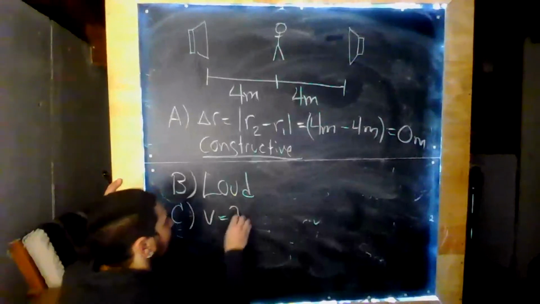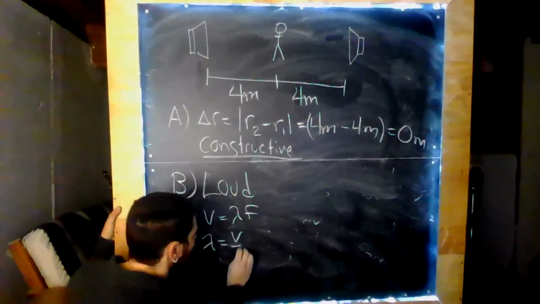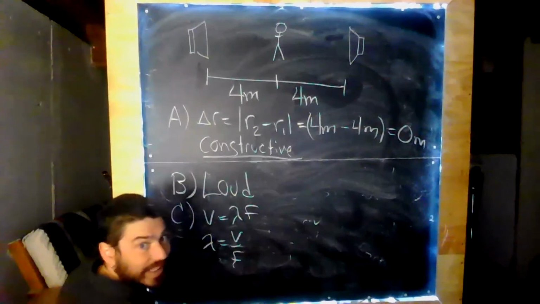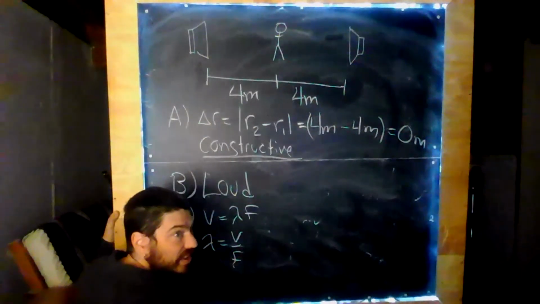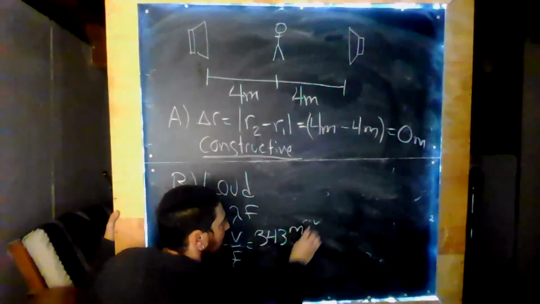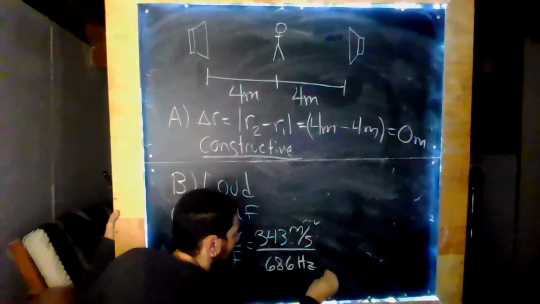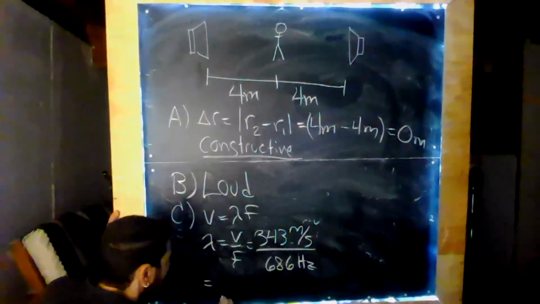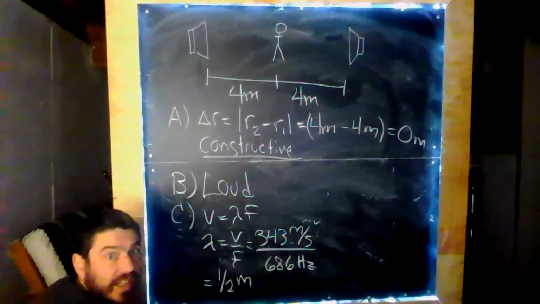V equals lambda F. Lambda then is V over F. I've given us some nice numbers to work with. This is a 686 hertz sound wave traveling at 343 meters per second. And so my wavelength is 1/2 of a meter, or 0.5 meters.